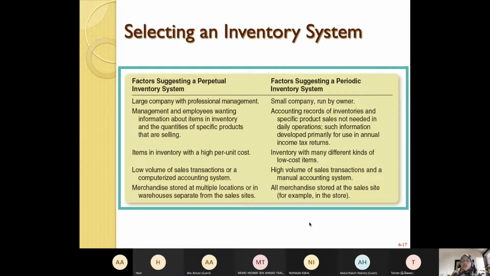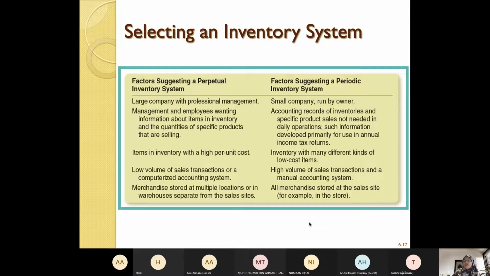So the accounting records of inventories and specific product sales are not needed in daily operation, right? They don't have to know how much inventory they have today. What you need is, when you want to submit, for example, annual returns for income tax purposes, because small companies are not required to prepare financial statements every year.